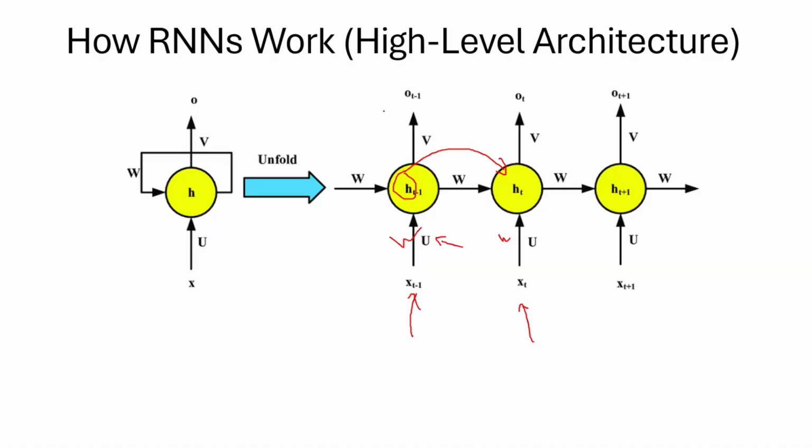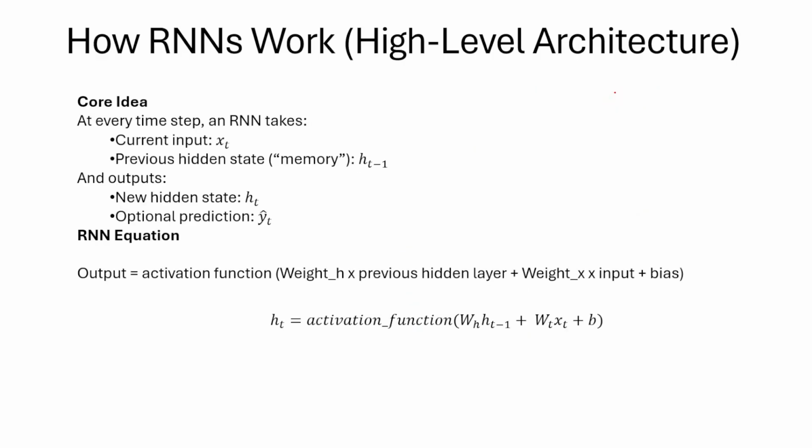So in this case we can have multiple outputs or just one, depending on the context of our problem. Mathematically, it is the activation function of the weight of the hidden layer multiplied by the previous hidden layer plus the weight times the input plus, of course, the bias.